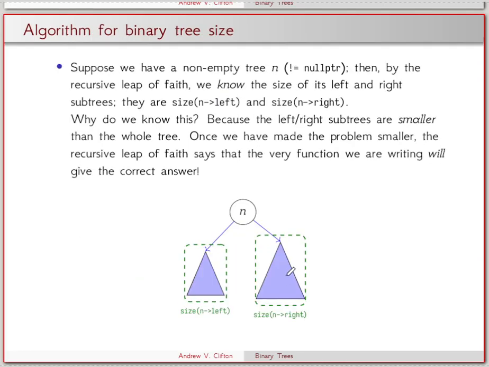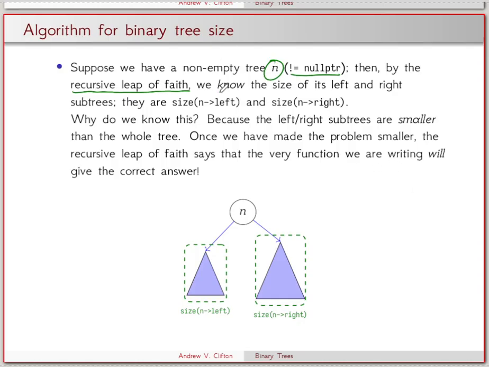Then what about the recursive case? In the recursive case, we get to use the recursive leap of faith. The idea of the recursive leap of faith is that if you can make the problem smaller, then magical recursion fairies can solve that problem for you and will give you the correct answer. So we have a tree n which is not a null pointer.